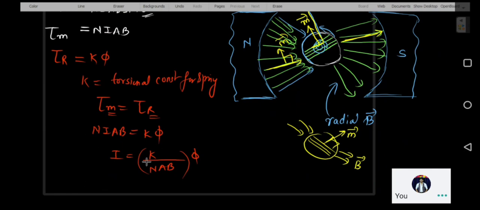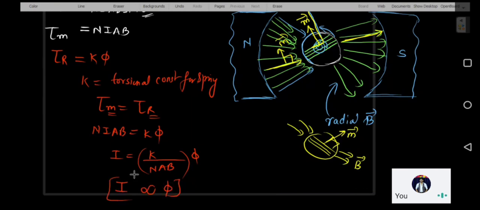You will notice that K is a constant, N is a constant, A is a constant, and B is also a constant here. So this bracketed term becomes a constant. So I can say I is directly proportional to phi.